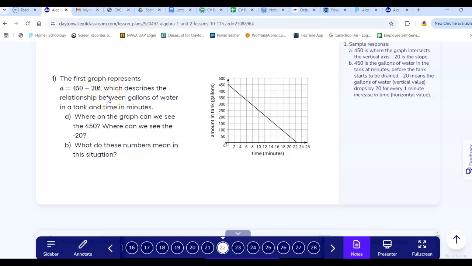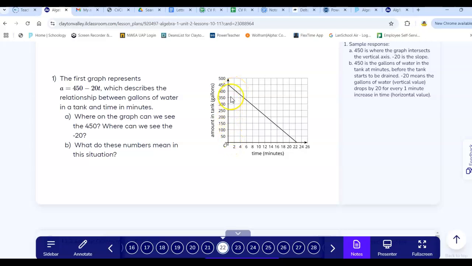So we can see that, where on the graph is the 450? It's up here. It's the vertical intercept. Where can we see the minus 20? You can see the minus 20 in the slope.